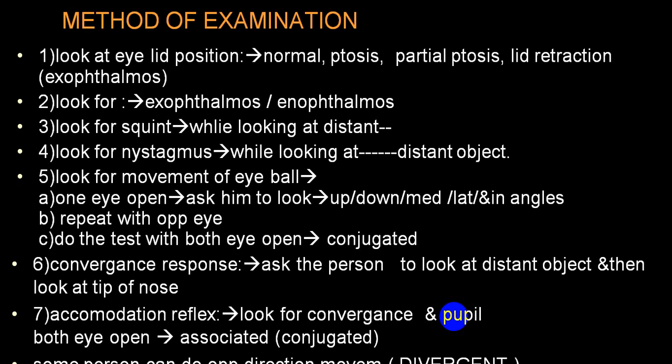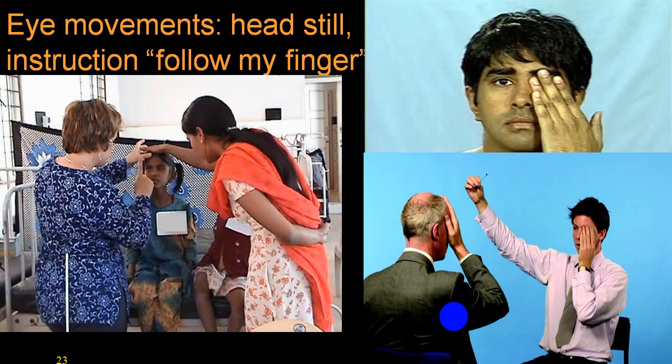Accommodation response will be convergence plus constriction of the pupil together, and we cannot see the change in the lens thickness. Some persons can do a very odd movement, that is divergent movement, which is extremely difficult. Some persons have that ability. So these are all the different movements you can look for.